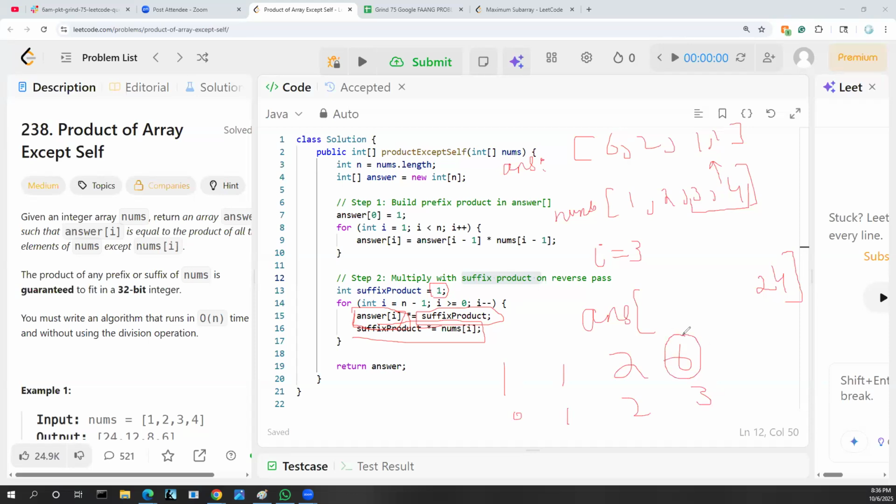I'm multiplying this one at the third index by 1. Once I multiply with 1, I store it in terms of I. Then I come again and multiply 1 with answer of I, which is this right here.